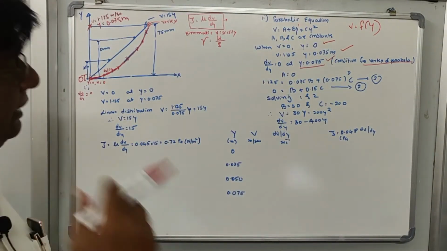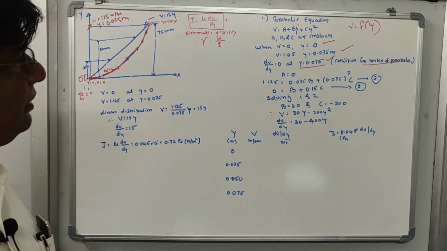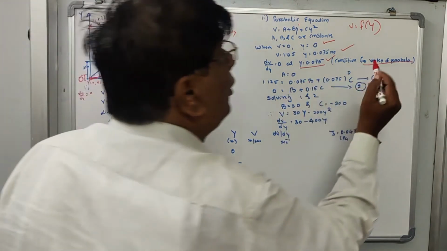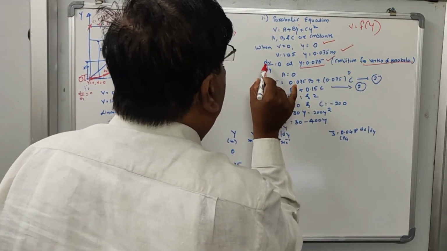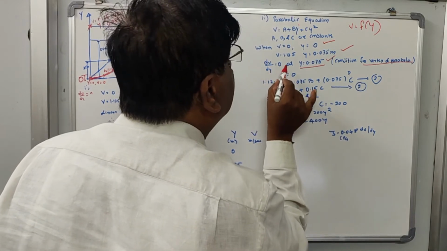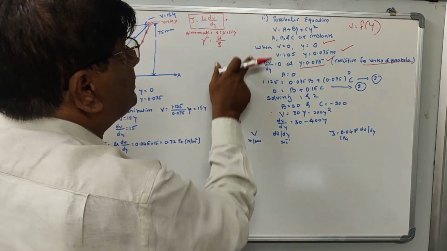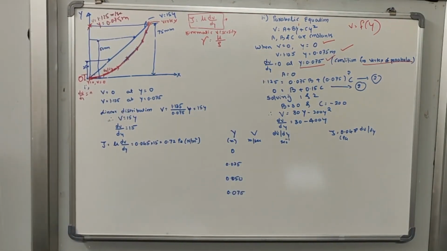So one is the initial condition, one is the boundary condition, and using the property of the parabola I have another condition: dv by dy is equal to 0 at y equal to 0.075. Now substituting these three conditions: the initial condition, the boundary condition, and the vertex of the parabola.